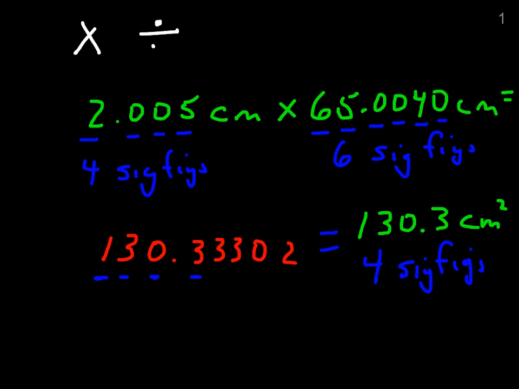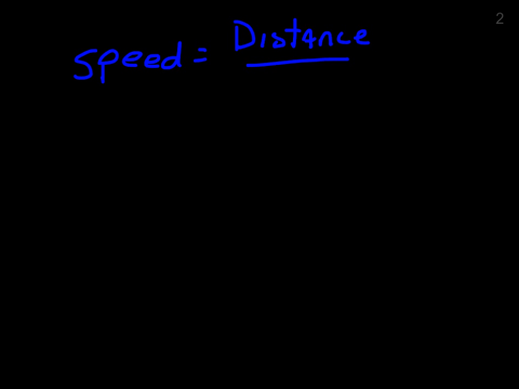So the deal there is the factor with the fewest sig figs dictates what the significant figures of your answer are going to be. Here's another one. This time I'm going to do a division problem. Let's say I'm talking about speed. You're calculating speed. Speed is equal to distance divided by time.